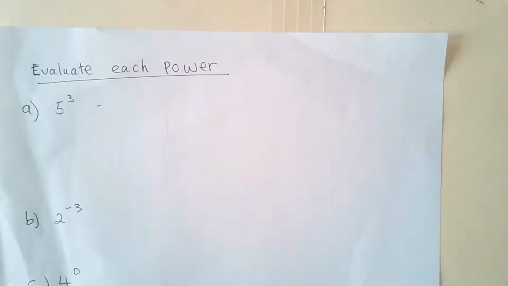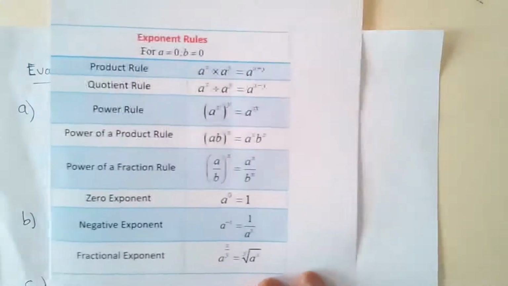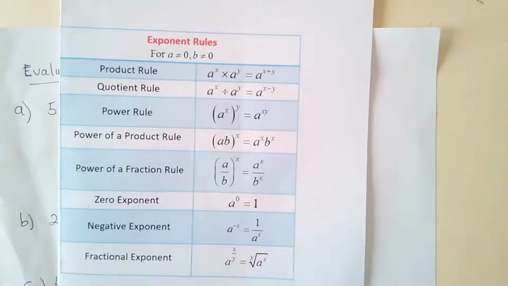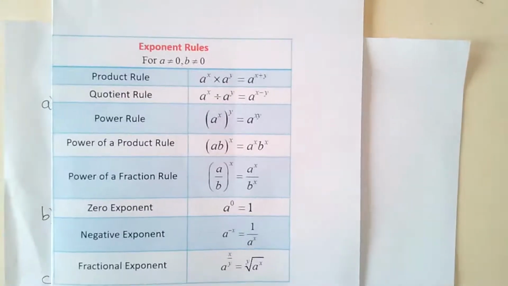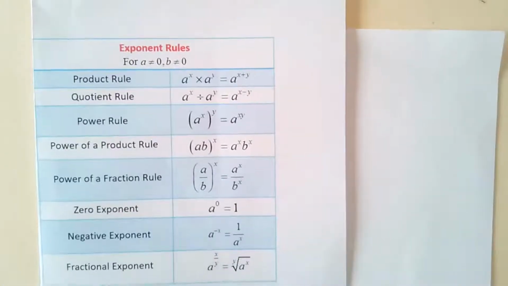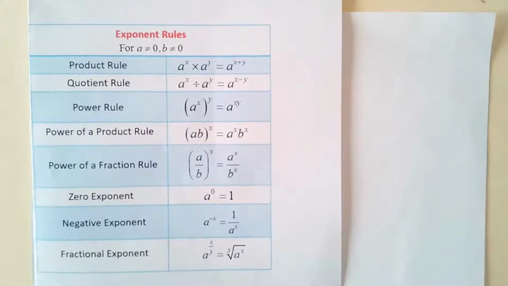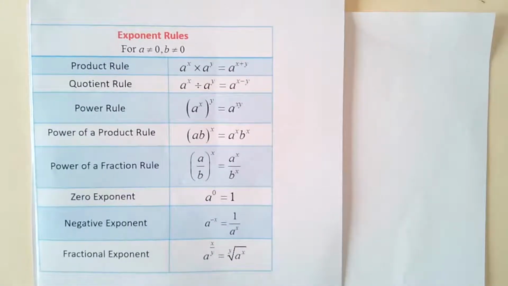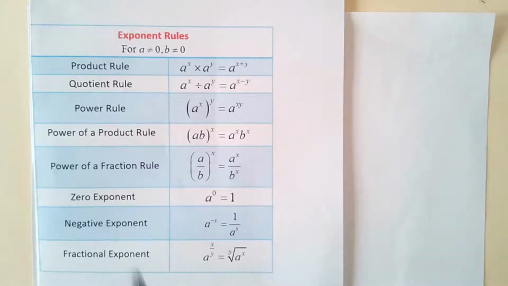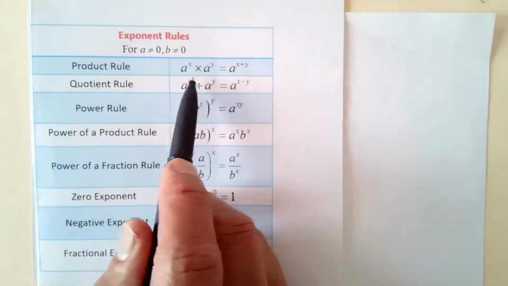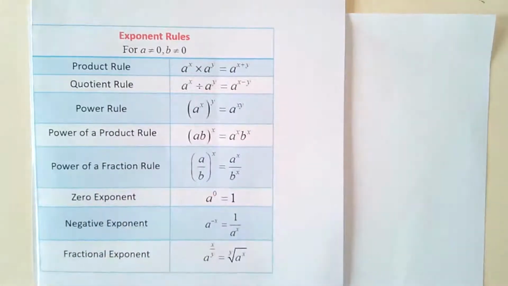So let's do a review, just in case you have forgotten. We have here on my display exponential rules, and we looked at this yesterday. We have the product rule, the base is the same, we add the exponents.